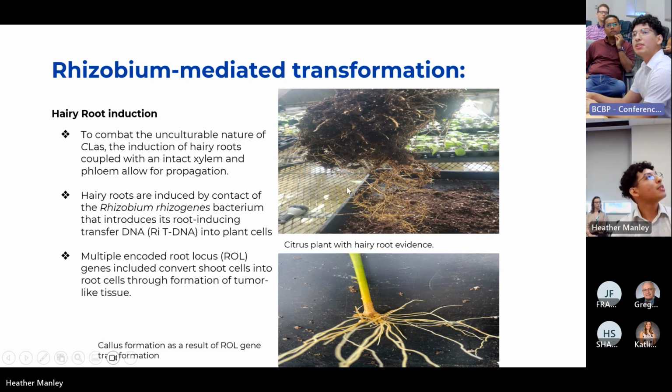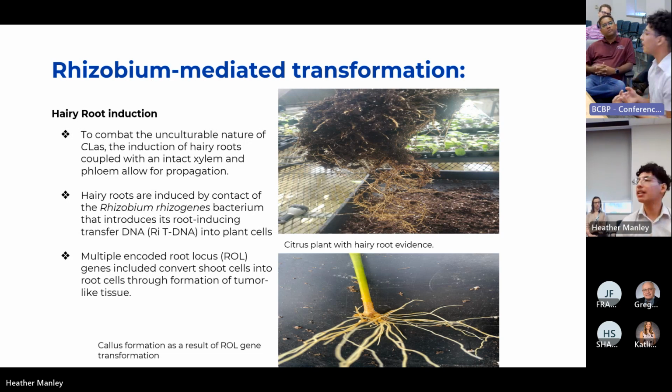Here I took an image of what would be presumably a plant with hairy root induction. And on the bottom image, we can see how hairy roots are formed. So basically, we inoculate the plant at the part where we want the root to grow, because of plant cell plasticity.